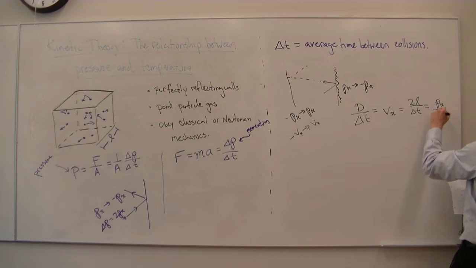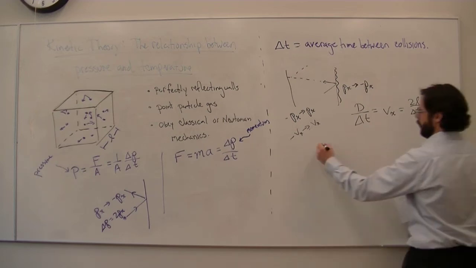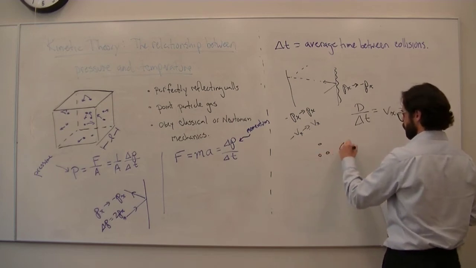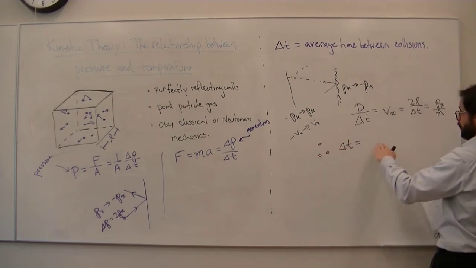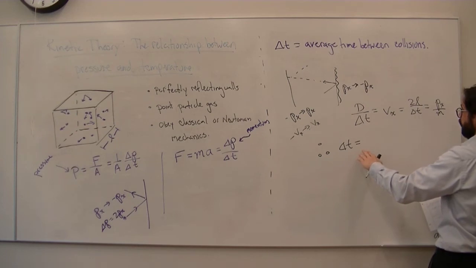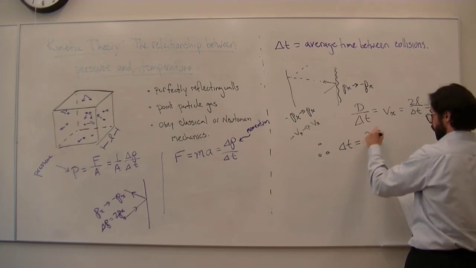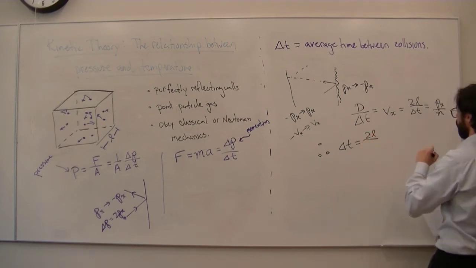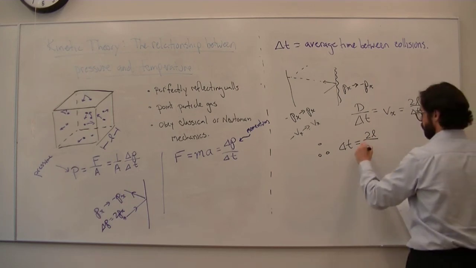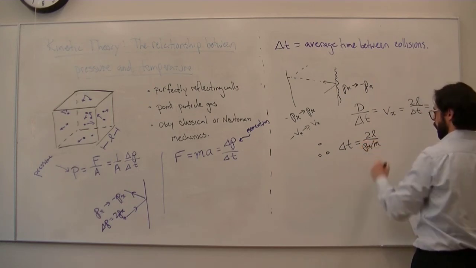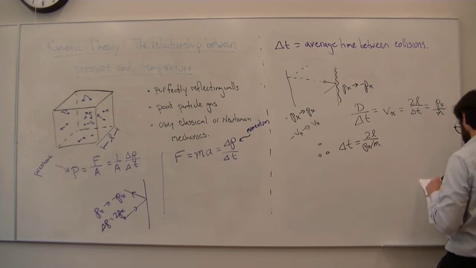So this is px over m, that's just the velocity. And therefore, I have the final piece. This is the time in between collisions: the distance it travels, 2L, divided by the speed, which is px over m, which is just a fancy way of saying velocity.